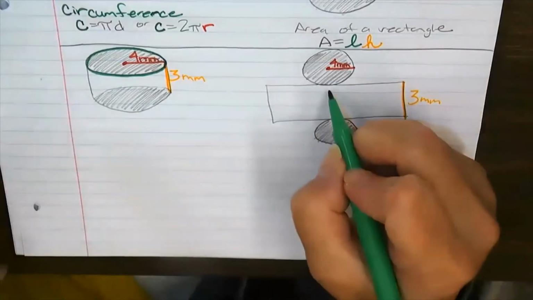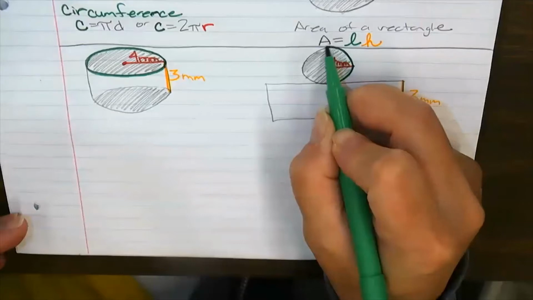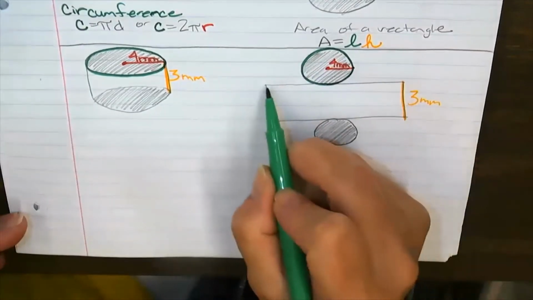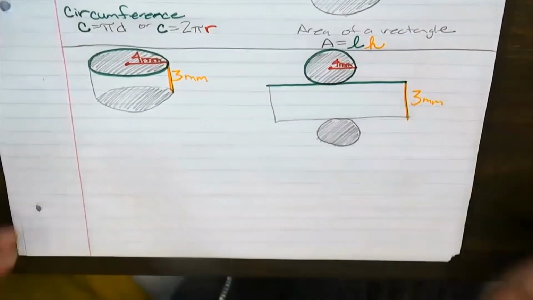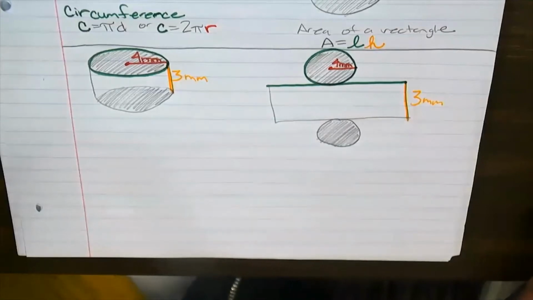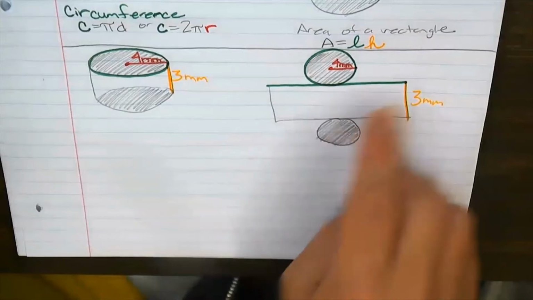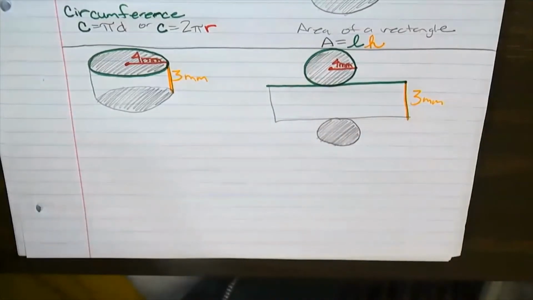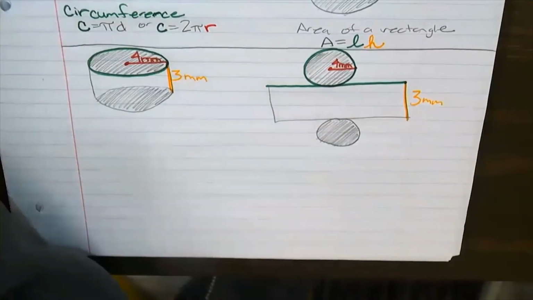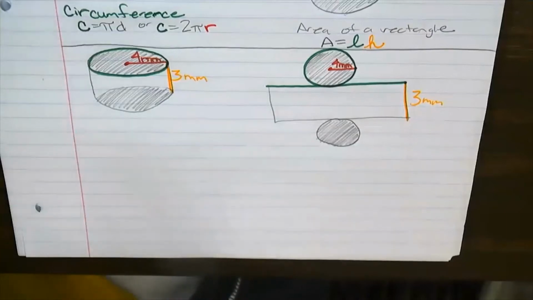Now I know I'm going to have to find the circumference because that will be the length of my rectangle. So these are the shapes that I'm dealing with. I've got 2 circles and a rectangle. So we need to find the surface area.